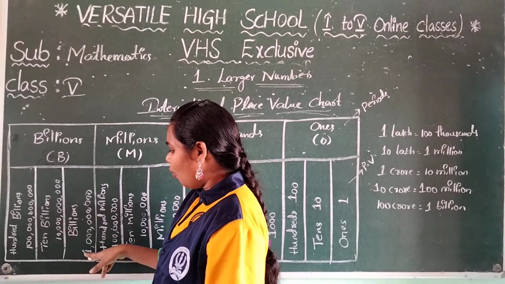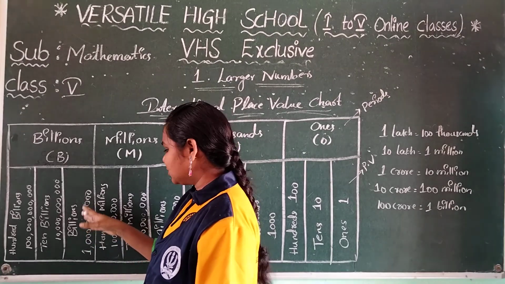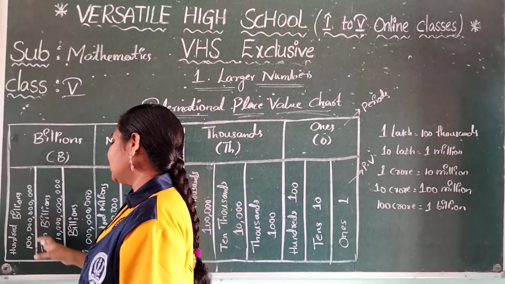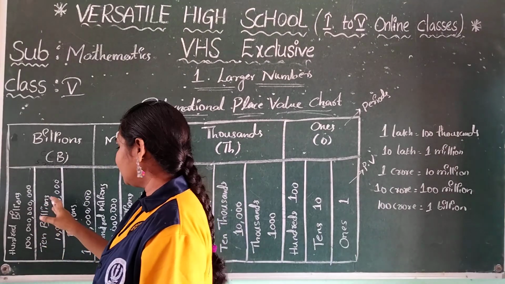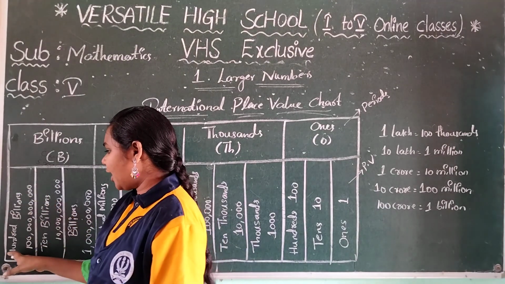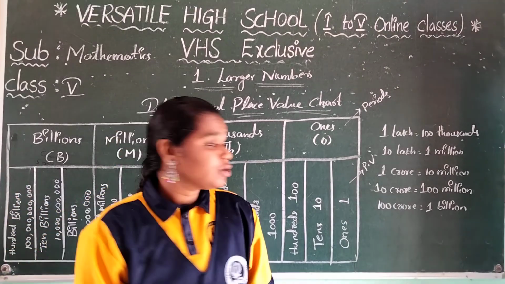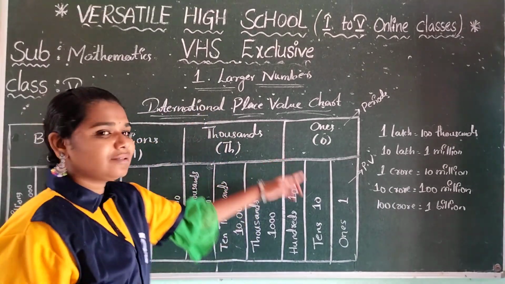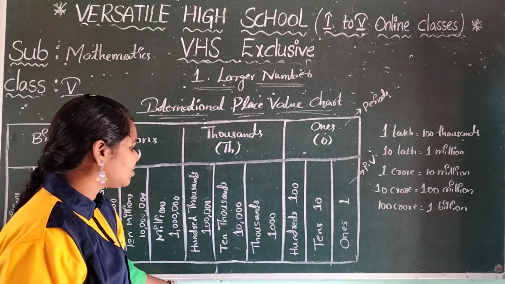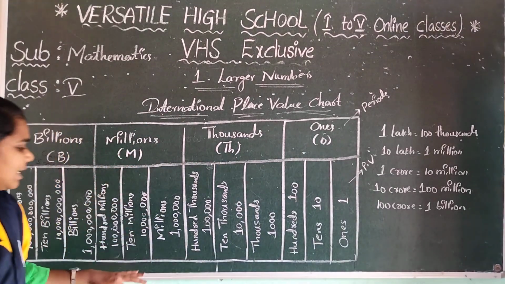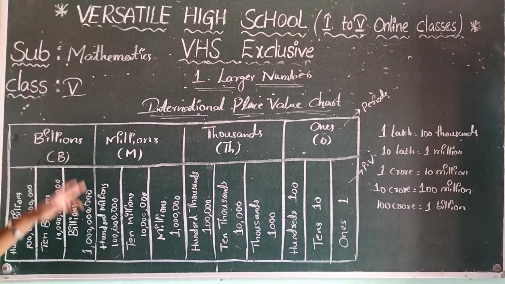Billions means 1,000,000,000. 10 billions means 10,000,000,000. 100 billions means 100,000,000,000. So ones period has 3 place values, thousands period 3, millions period 3, billions period 3. Total here 12 place values.